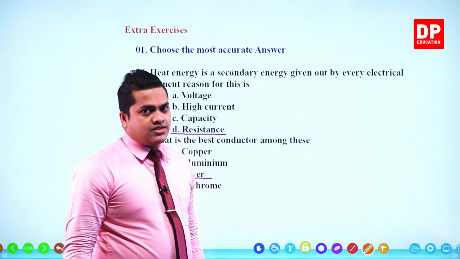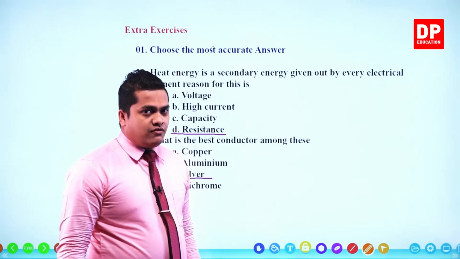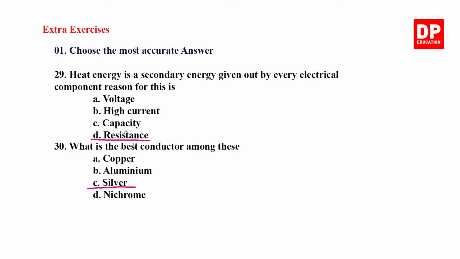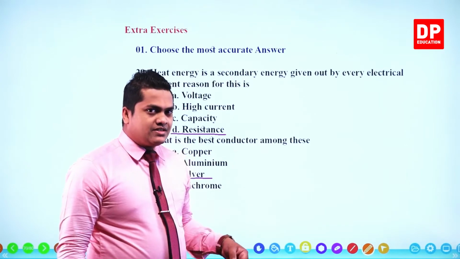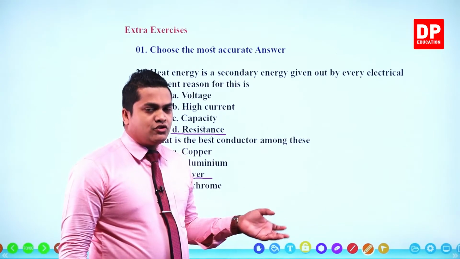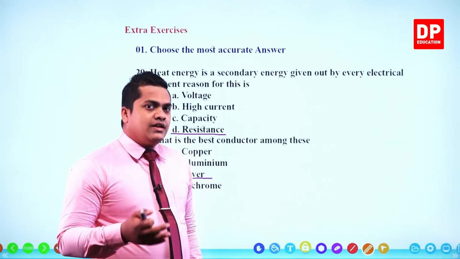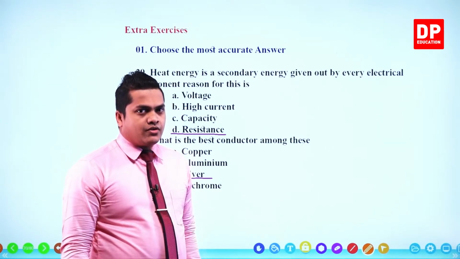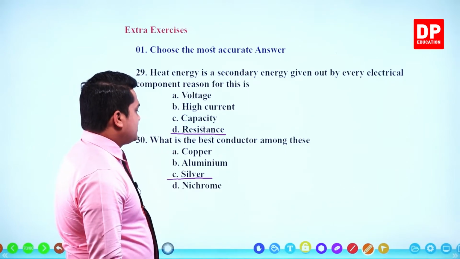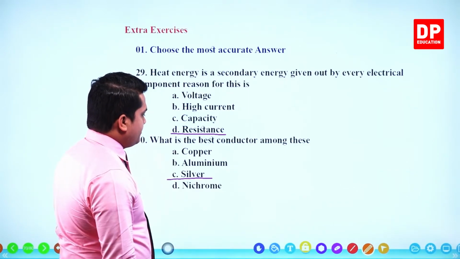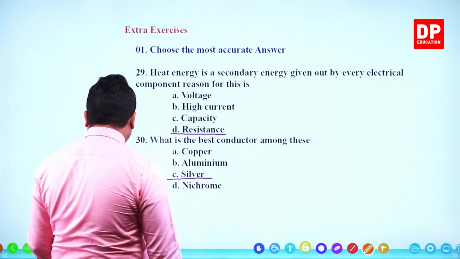So therefore, nichrome is the worst conductor. We can't say poor conductor, it's the worst one. The wastage of electricity is very high when you use nichrome. But however, there are uses for nichrome. So silver is the best conductor from these materials.